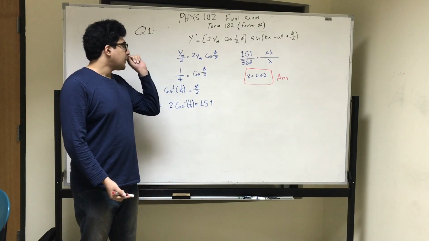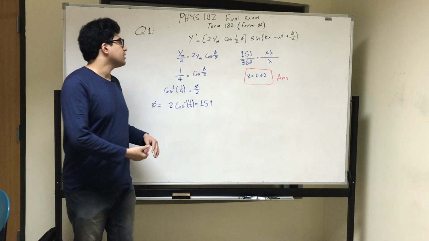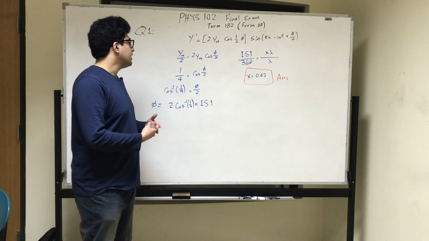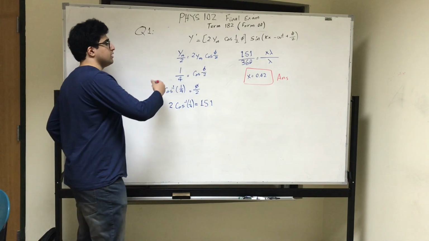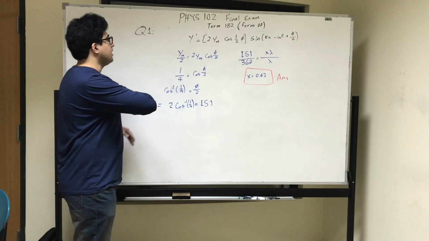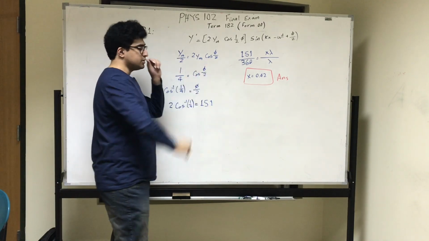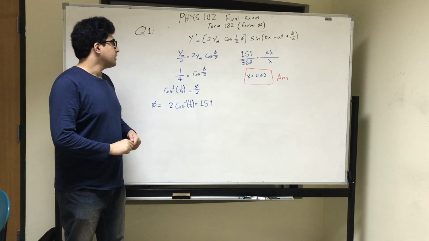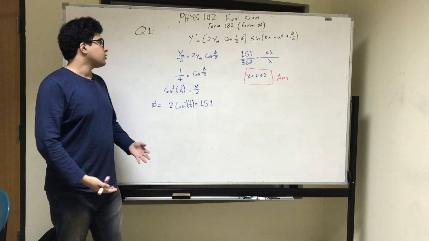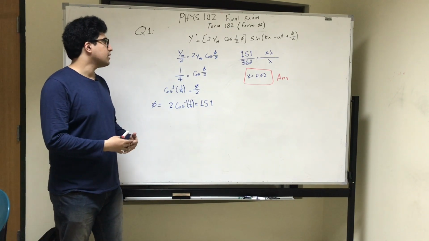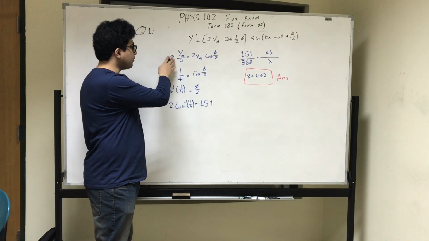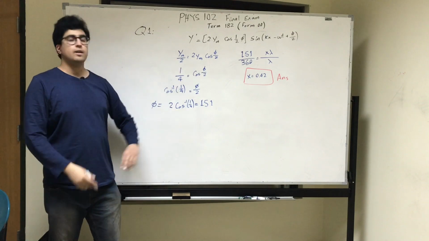The question says that if these two waves were to interfere, the resultant wave is going to have an amplitude of Ym over 2, where Ym is the common amplitude of the two waves.